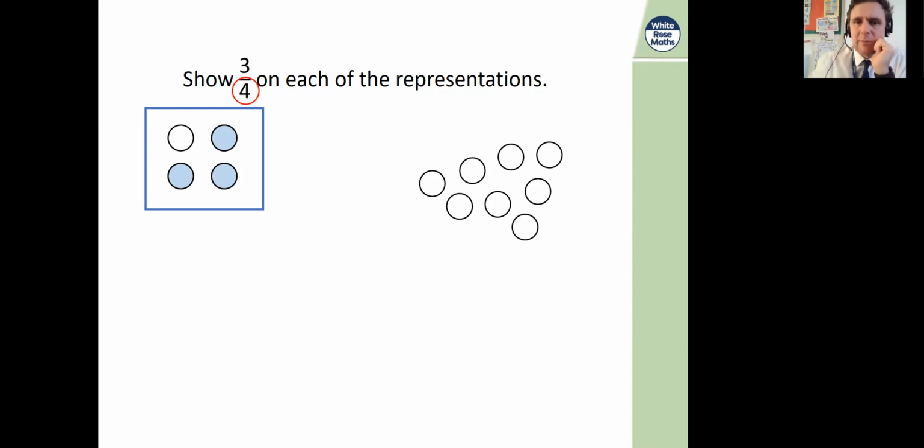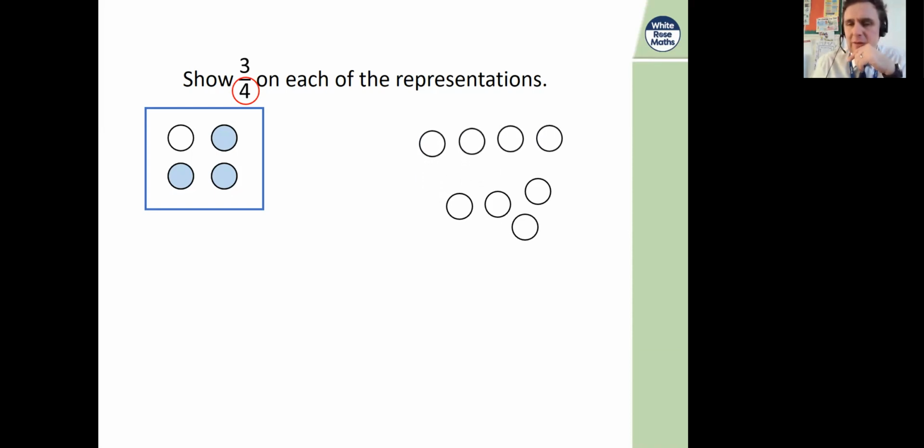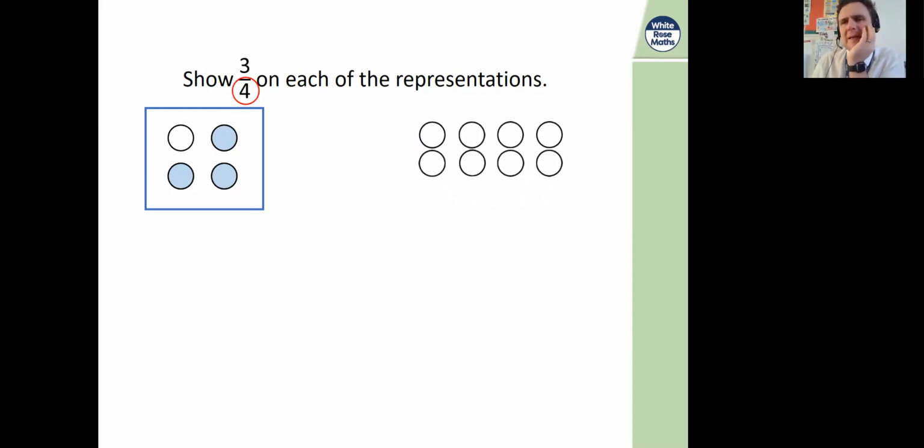But you know what I found? I think this would be easier if we arrange them into rows of 4. Now, can I split them into 4 groups, 4 equal parts? Oh, now I've got 4 equal parts.